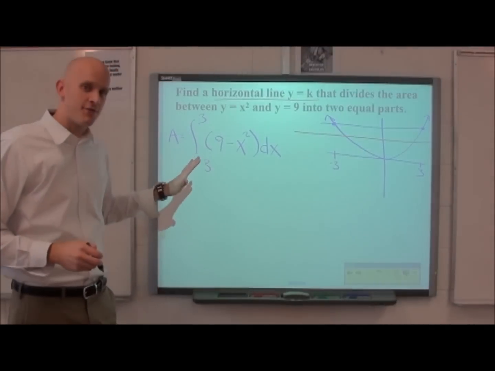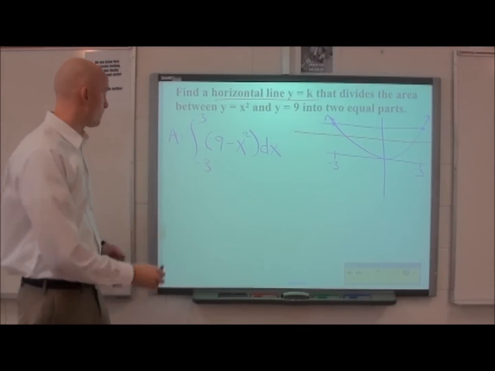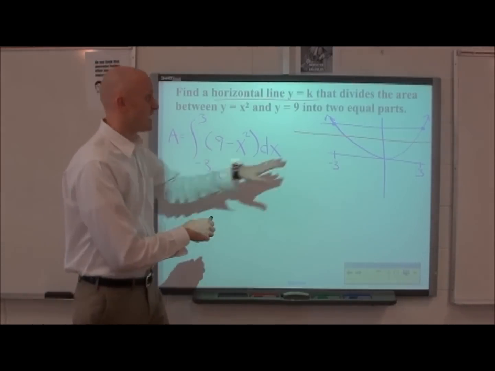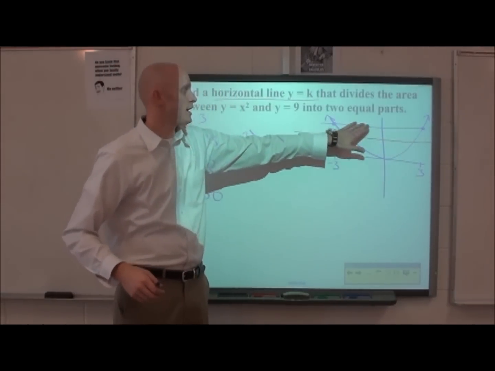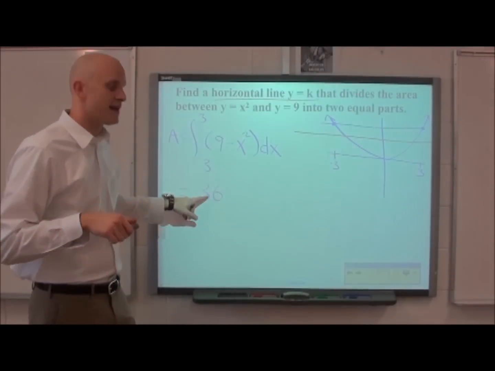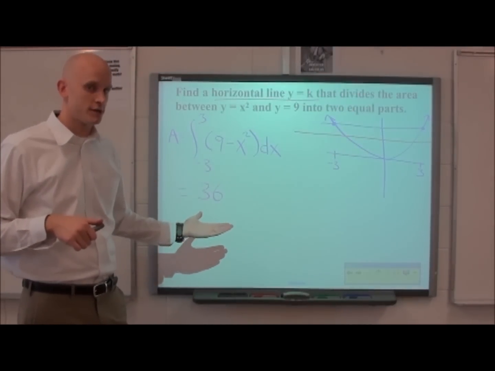Now that will be easy for you to integrate and evaluate. The answer is 36. This area here, enclosed by the line y equals 9 and the curve y equals x squared, has an area of 36 square units.